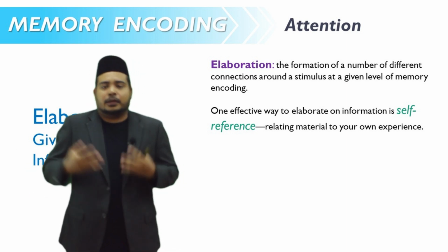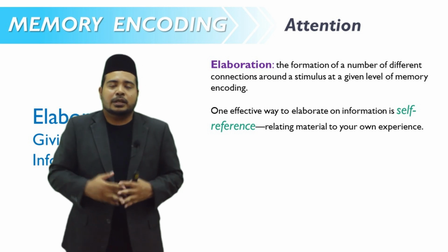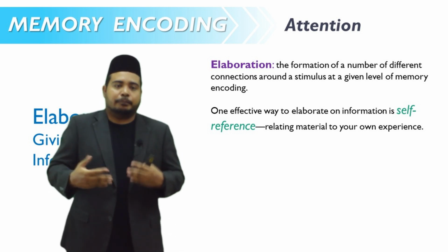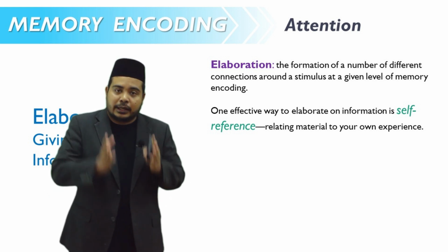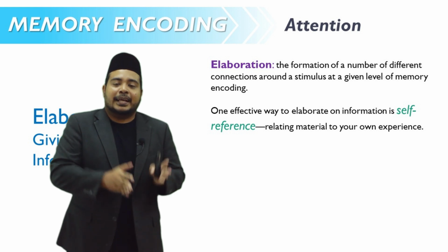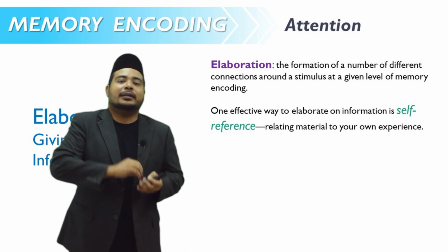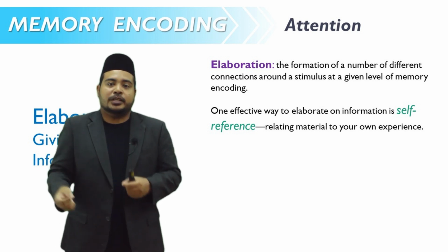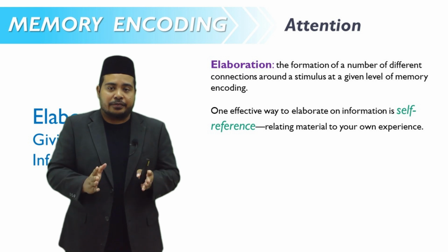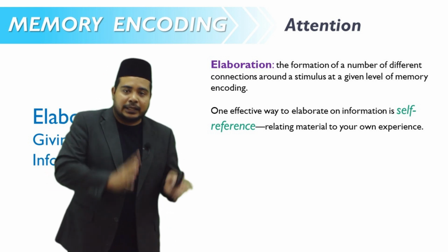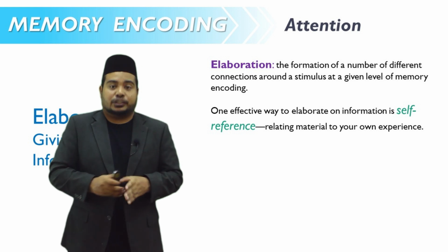So it involves elaboration. One of the effective ways, according to cognitive psychologists, to improve our memory or remember new things is to elaborate on information, especially to connect the information to our own self, which we call self-reference. We relate new material to our own experience.